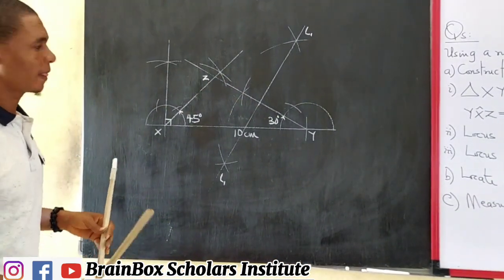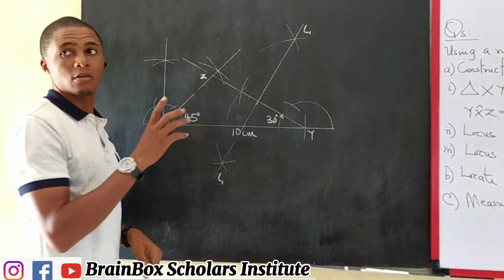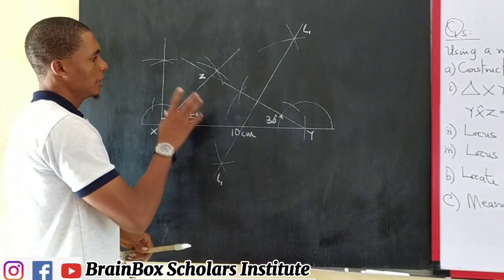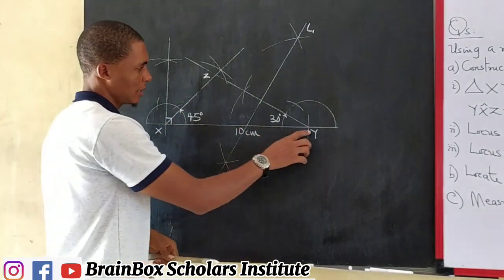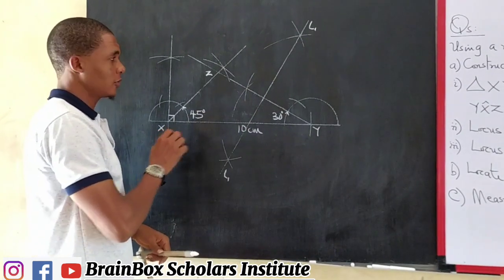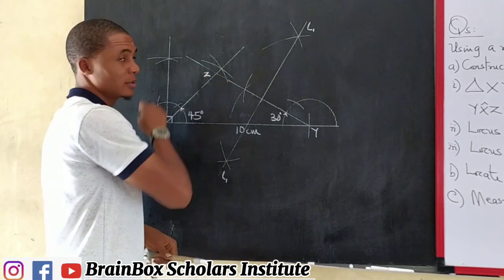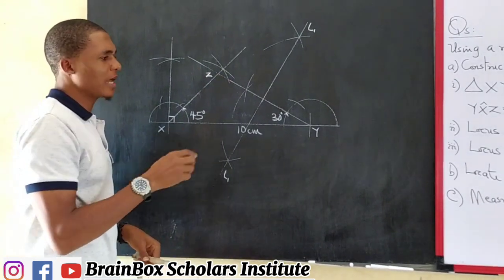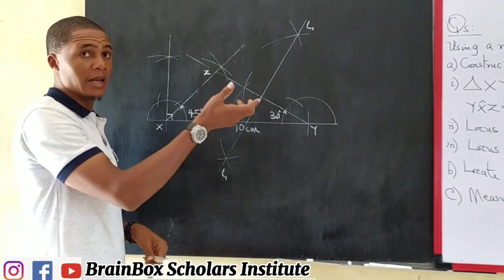Watch this. Pay attention, please. The line I'm going to draw is meant to be parallel to X and Y. So that line will run and pass through Z, right? Yes. So I've gotten 2 points that will help me run the parallel lines, okay?